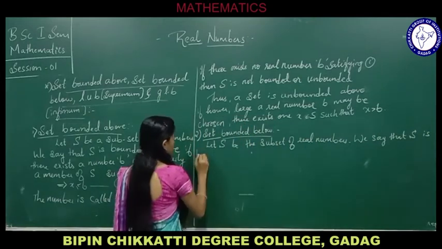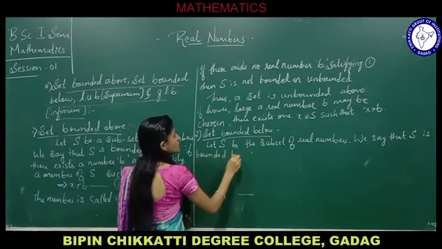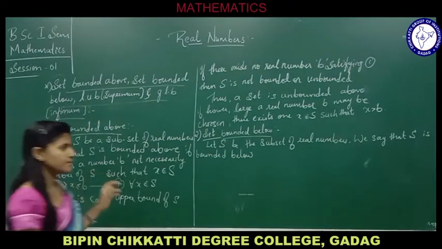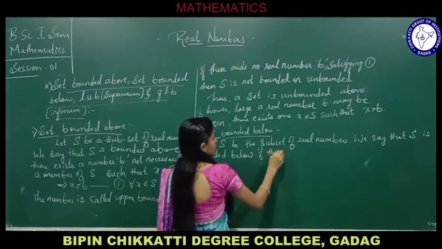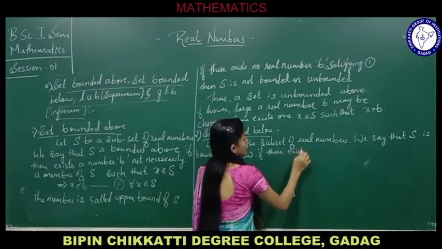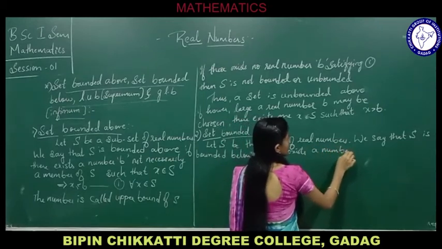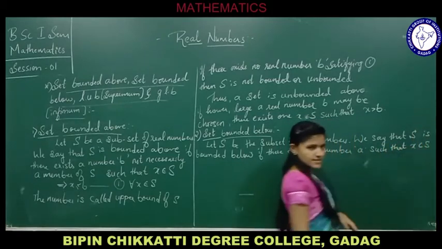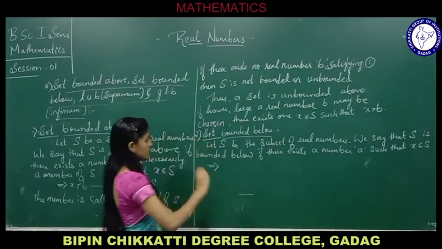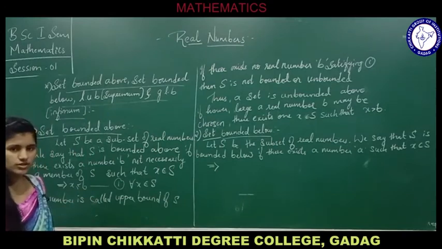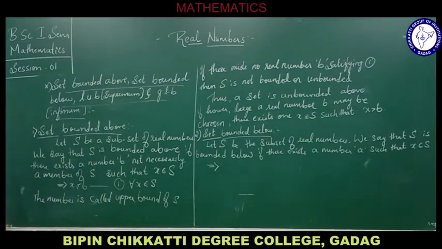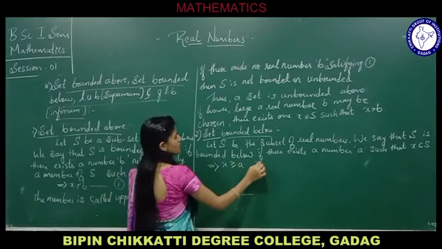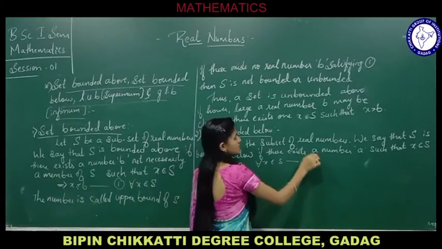when there exists a number A such that X belonging to S implies X is greater than or equal to A for all X belonging to S. Consider this as equation 2.